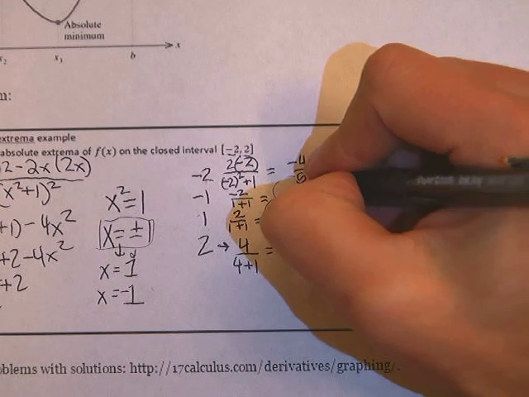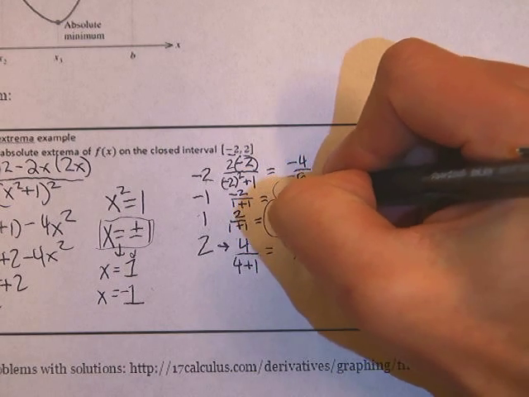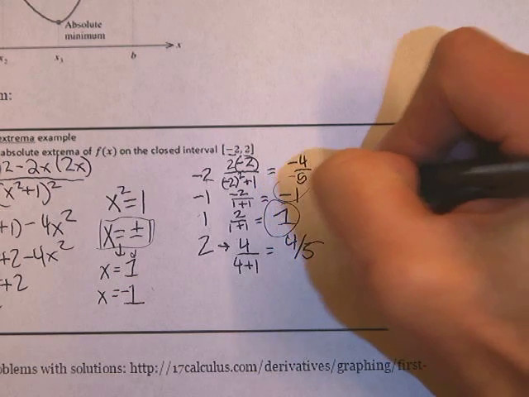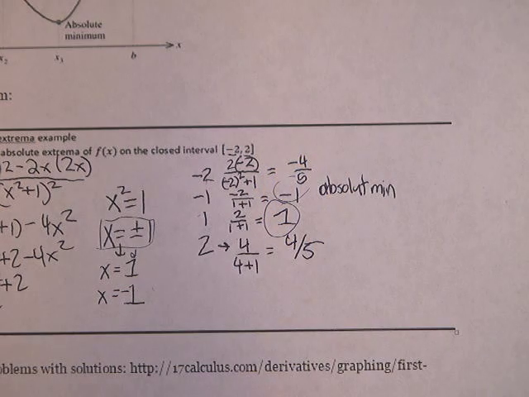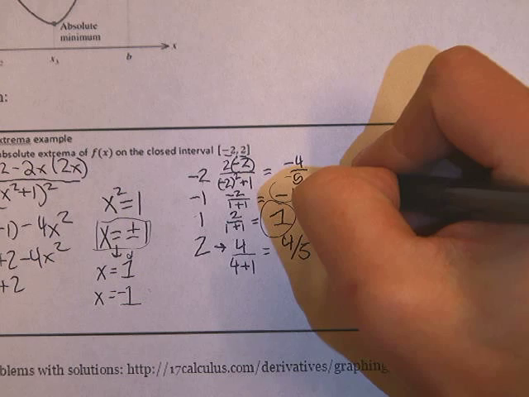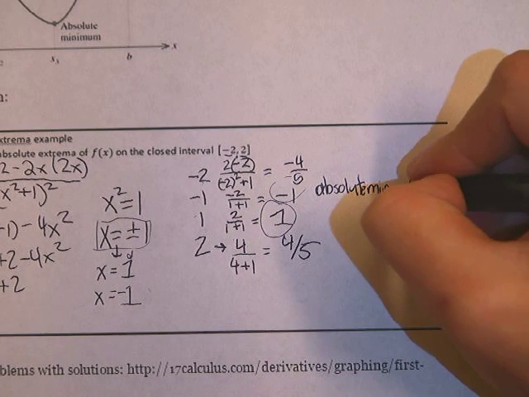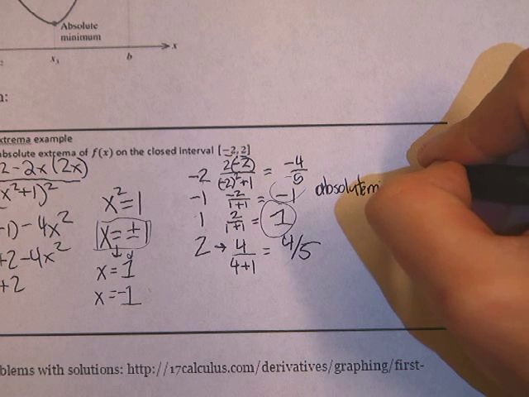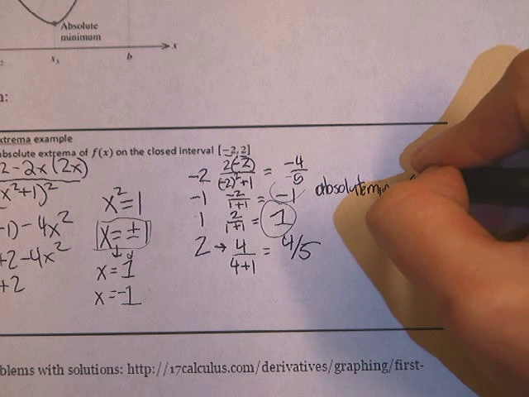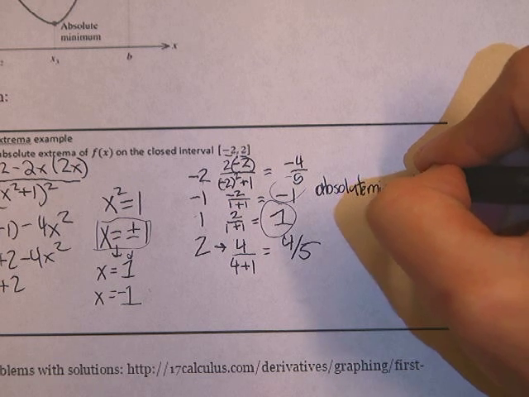So our absolute min happens at negative 1, negative 1. Whoops.